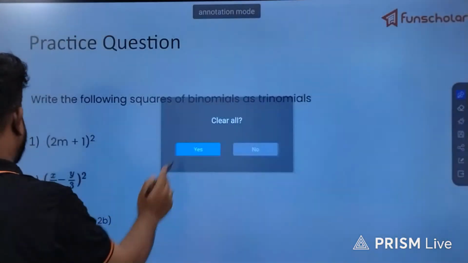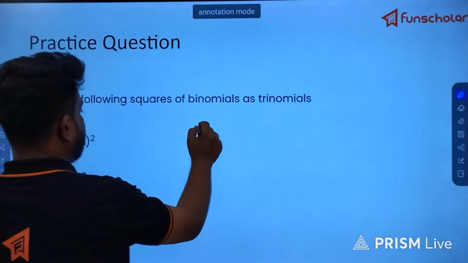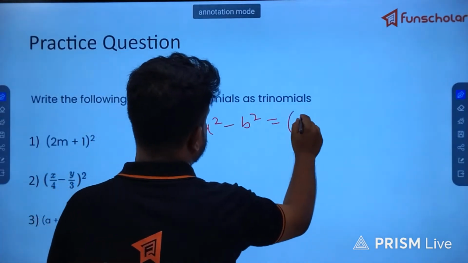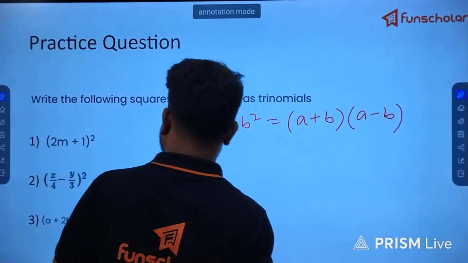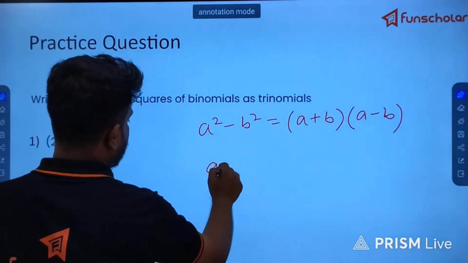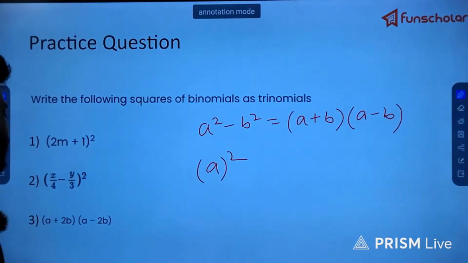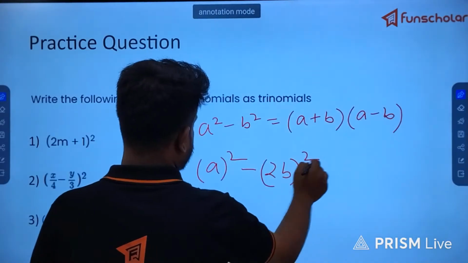Okay. The third one is only a simple multiplication. Here we can use the formula a square minus b square, which is a plus b into a minus b. In this case we just have to square the first term, which is a itself, and minus 2b and its square.